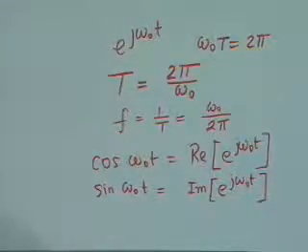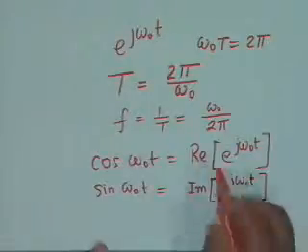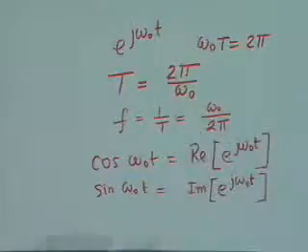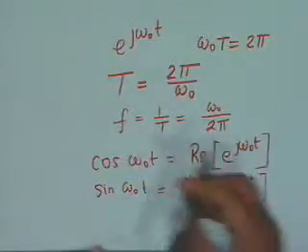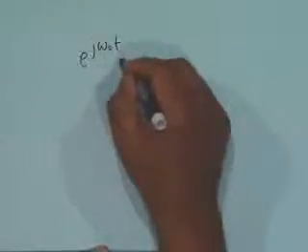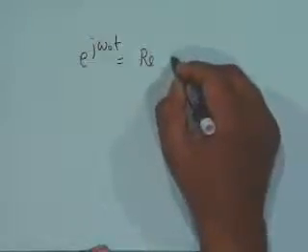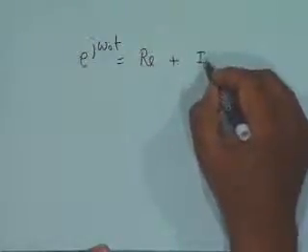Is this correct? Well, if it is to be correct, then you should write e to the j omega 0 t as real part plus imaginary part.